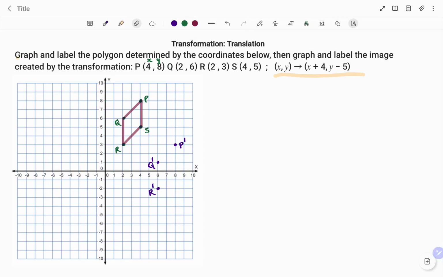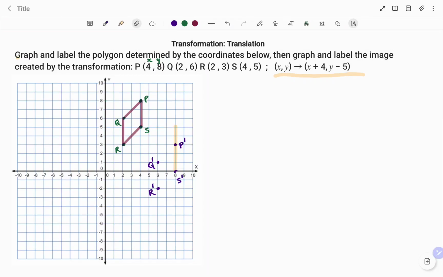And my last but not the least point will be point S. I go 4 units right, starting from 0, 1, 2, 3, 4, and then 5 units down, starting from 0, 1, 2, 3, 4, and 5. So my new point here will be S prime.